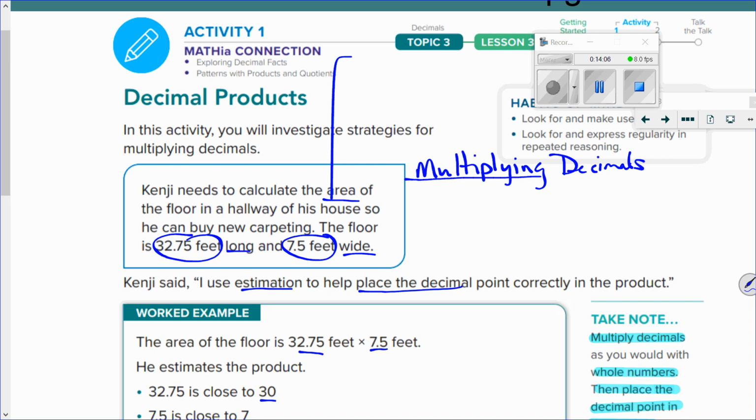There are 3 steps to multiplying decimals.